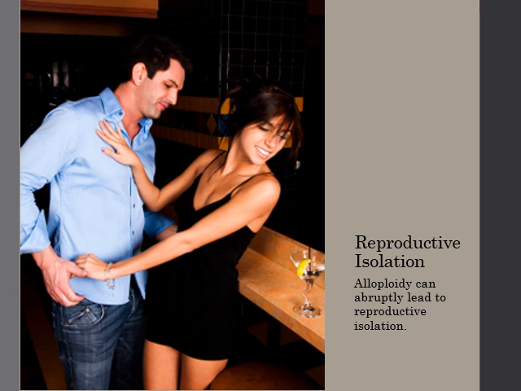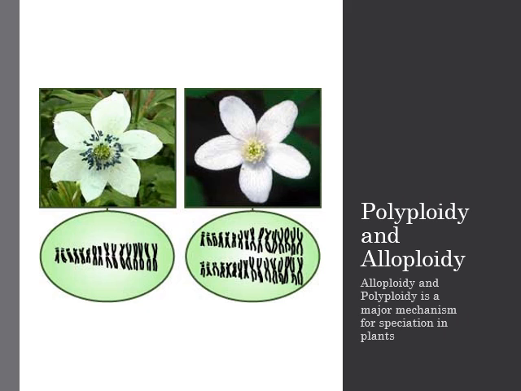Alloploidy can lead to an absolutely abrupt reproductive isolation. And it is the major speciation factor in plants. This is how most plants undergo speciation.